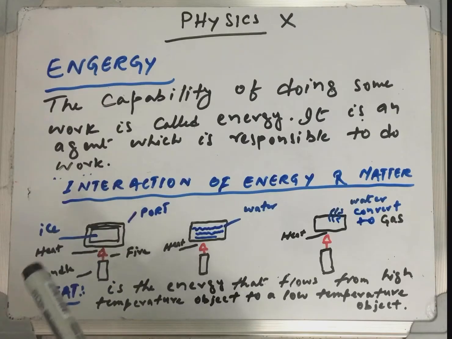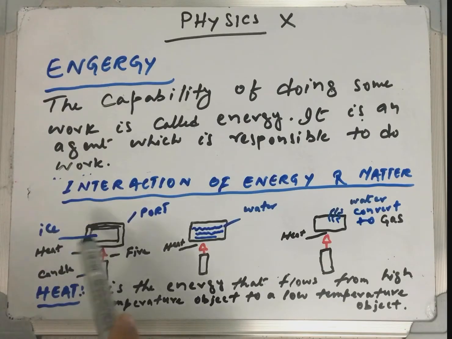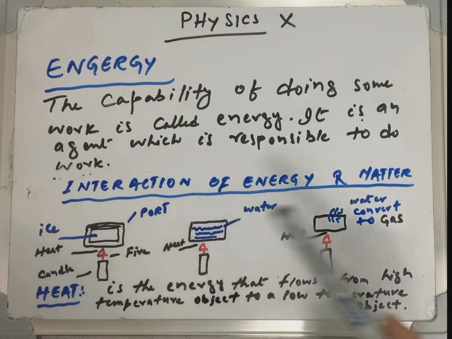If we continuously provide heat, then the water converts into gas. So heat is the energy, the agent responsible to do the work on ice, and ice becomes water and water converts to gas.